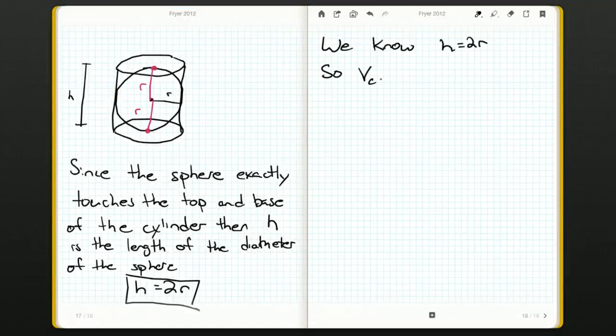So the volume of the cylinder, which we'll write V cylinder, that's going to be pi r squared h. That's going to be pi r squared 2r. We're substituting in our value of h. And that's going to be 2 pi r cubed. So if we could just figure out what r is, we'd be all set.